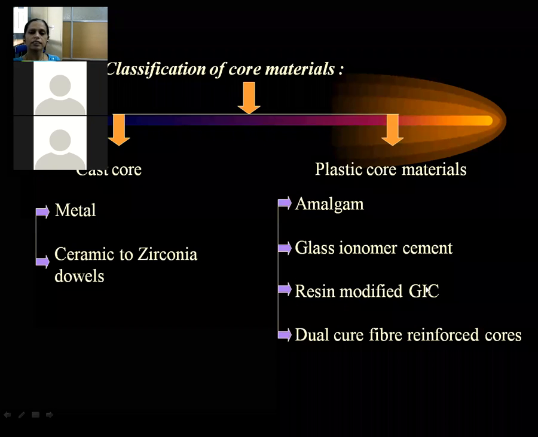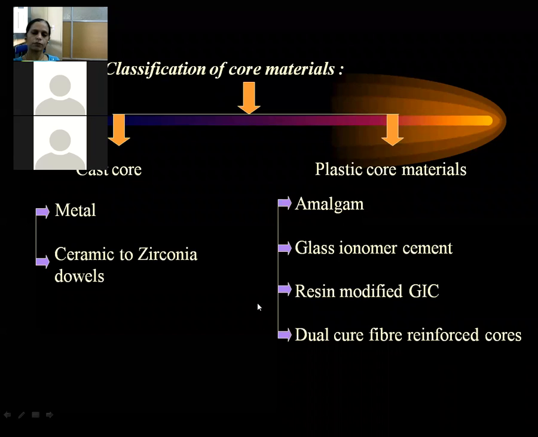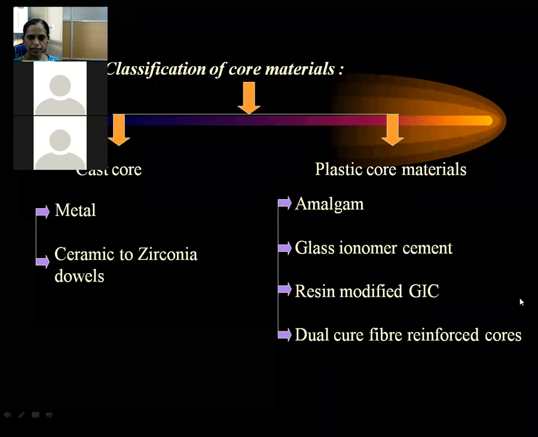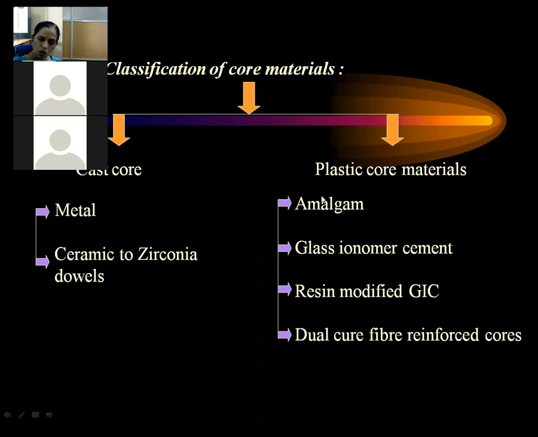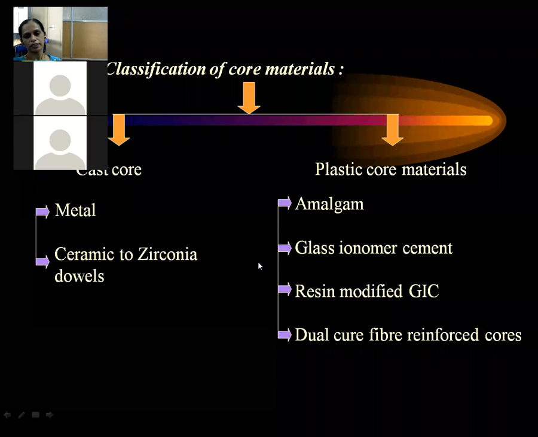Because of this, its compressive and flexural strength is less than composite, but it has a good anticariogenic property and it bonds to the tooth structure, so microleakage is less. So first most common is amalgam, next is composite, third is resin modified GIC, and fourth is glass ionomer. Okay.